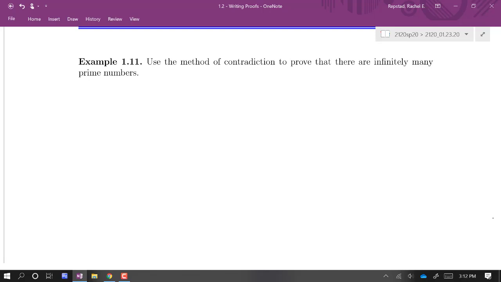Okay, so we're going to prove this by contradiction. If we're going to prove this by contradiction, what is our opening statement? There is a finite amount of prime numbers. Yeah, let's suppose there are finitely many prime numbers.